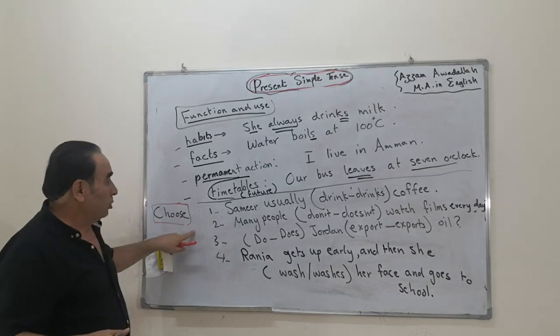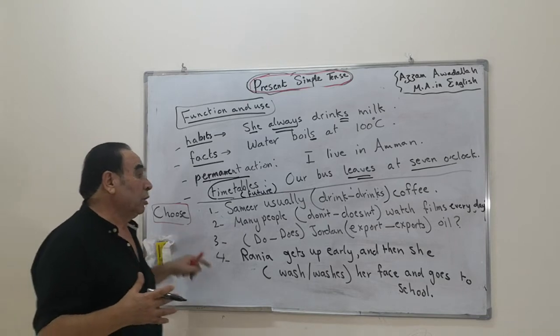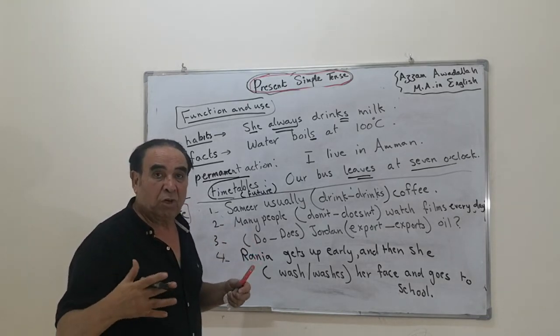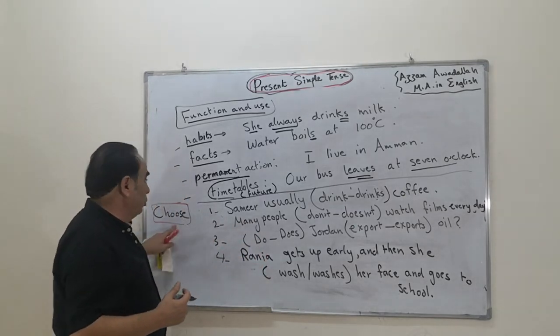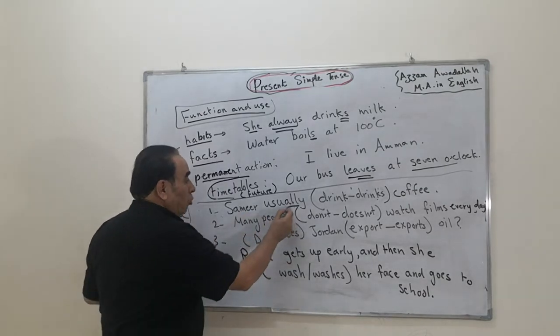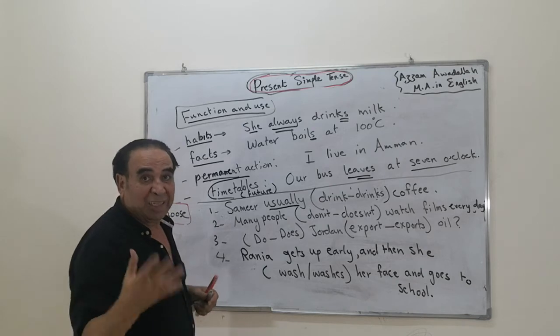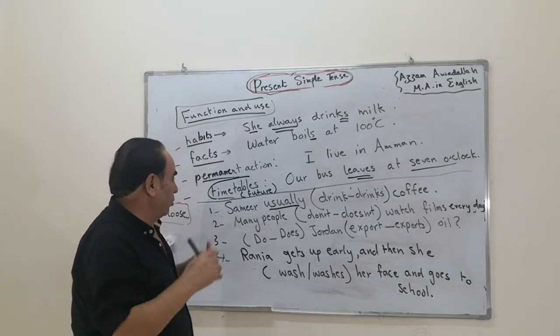Now, I have put a few examples to see how we do these if we have a test or an exam. Look at number 1. Choose. Samira usually. This is the keyword, or we call it the signal word, the word which shows the time.